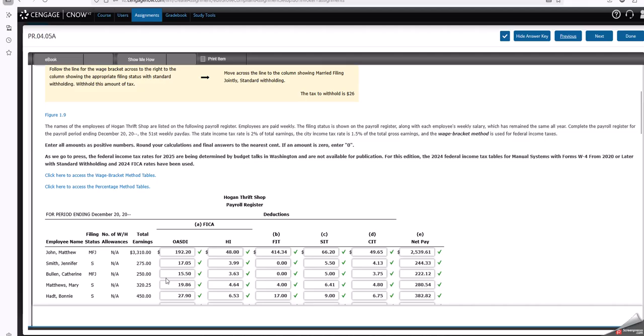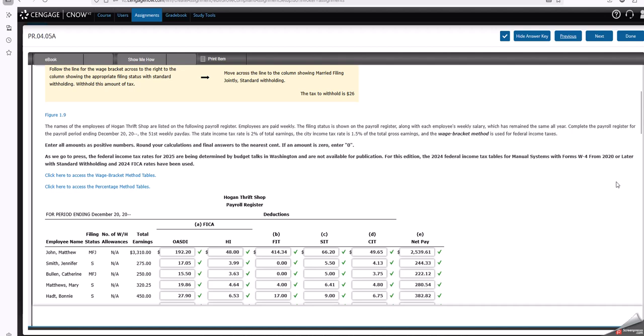So John, if he's been paid 50 times already, so 50 times $3,310, he is up to $165,500 in gross wages. So then this is his 51st pay and he's making $3,310.